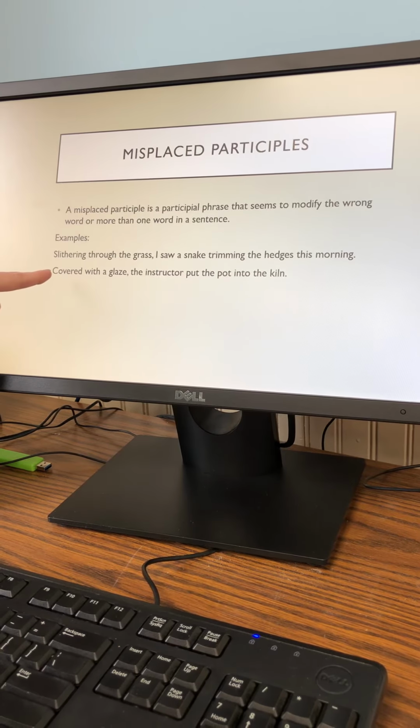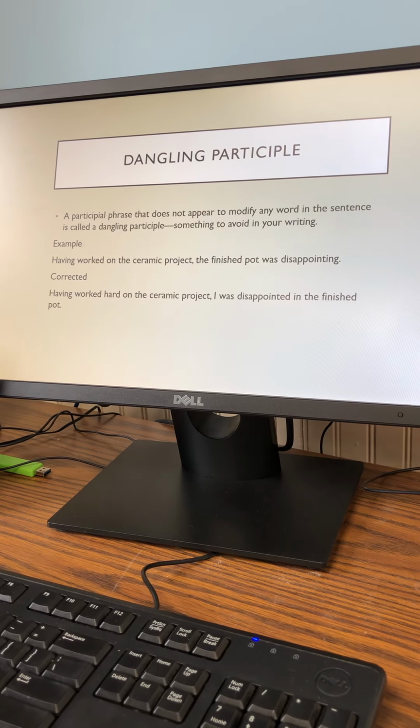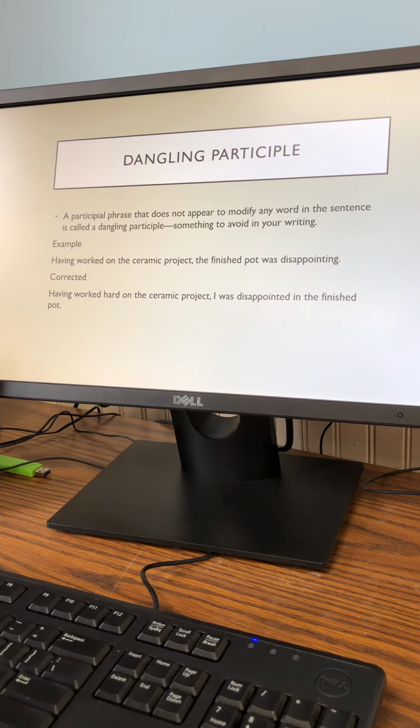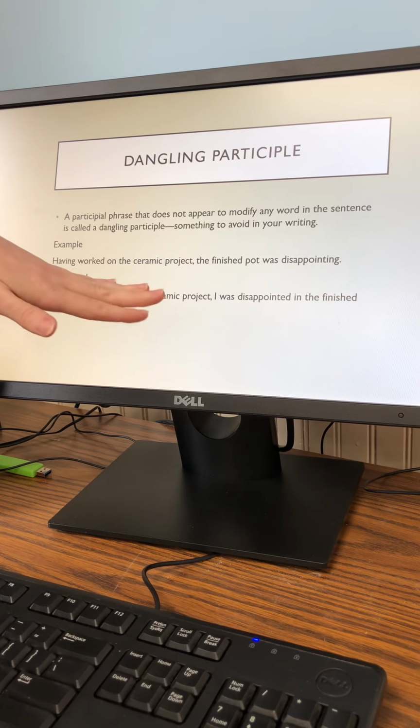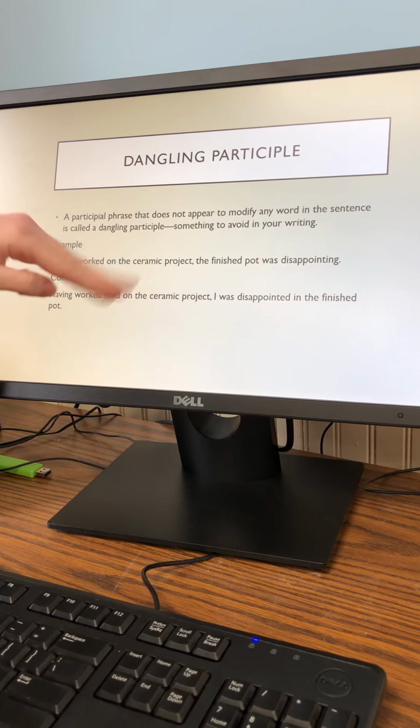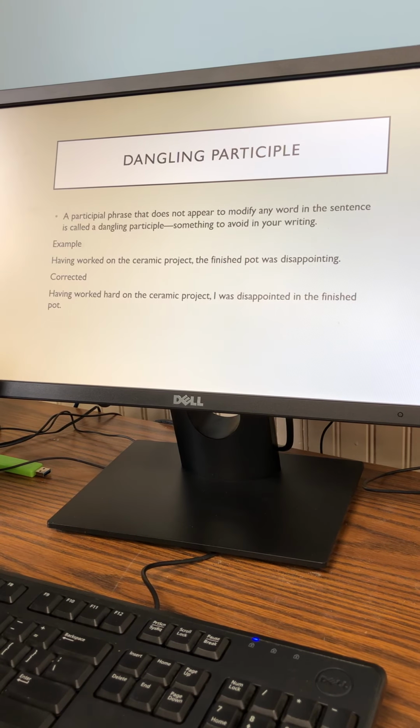An example: having worked on the ceramic project, the finished pot was disappointing. Your participial phrase, having worked on the ceramic project, okay? But there is nothing in this sentence that having worked on the ceramic project can describe. There's only one noun in the sentence after your participial phrase, and it's pot. The pot cannot work on a ceramic project.